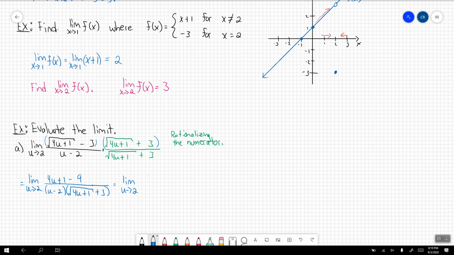Now, for the numerator, we have 4u minus 8, all divided by the same denominator, u minus 2, multiplied by the quantity of the square root of 4u plus 1, then plus 3.